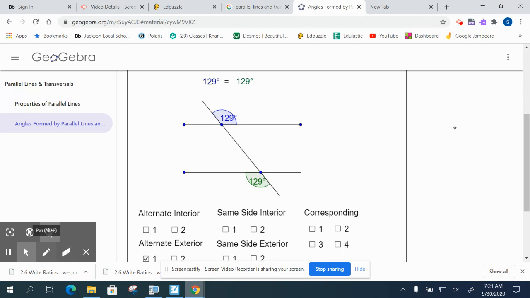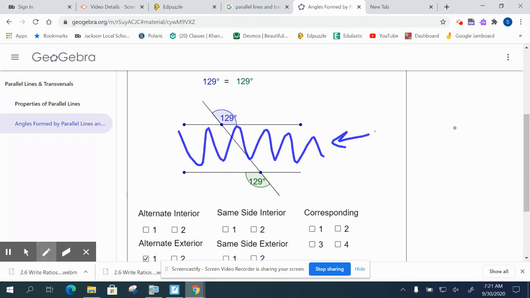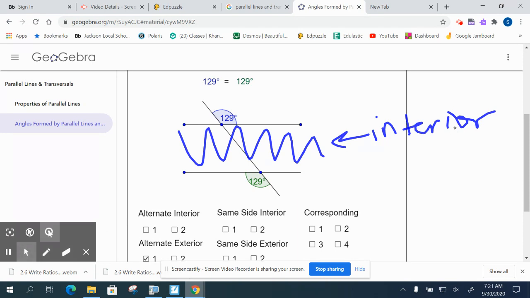So anything in here would be interior, and anything above or below the parallel lines would be exterior. And then same side interior, we'll also call that corresponding interior, would be on the same side of the parallel lines and on the interior.